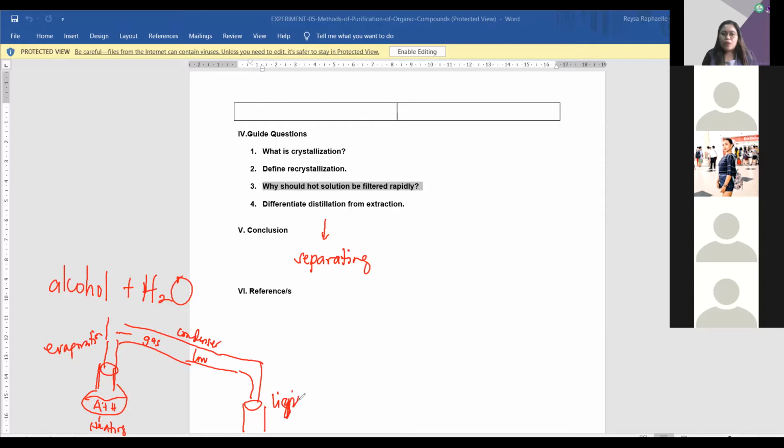So kung sino yung unang nag-evaporate, yan yung mauunang separate mo. That's distillation. So mag-expect tayo among the two, syempre si alcohol talaga unang mag-evaporate. So mag-expect tayo na ang unang tutulo dito na liquid is alcohol. Ang maiiwan dito sa flask is water.